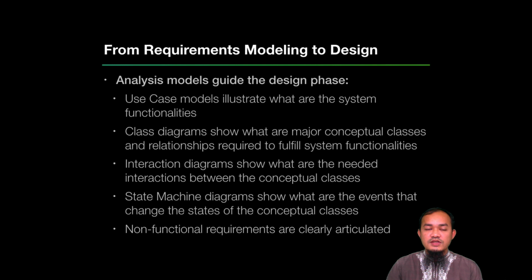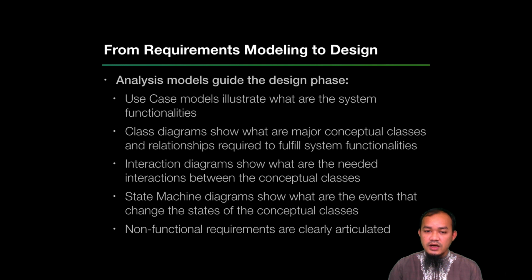From requirement modeling to design, we consider that the analysis model guides the design phase. The use case model illustrates what the system functionalities are. This is what we have discussed about requirement analysis and modeling. The class diagram shows the major conceptual classes and the relationships between them. The interaction diagram shows the needed interactions between the conceptual classes.